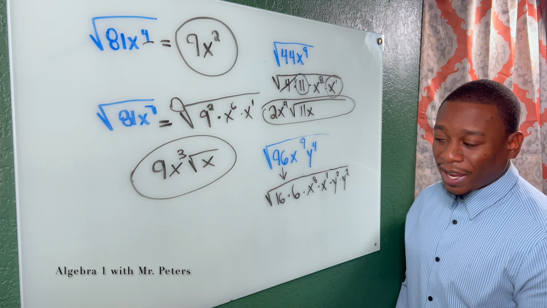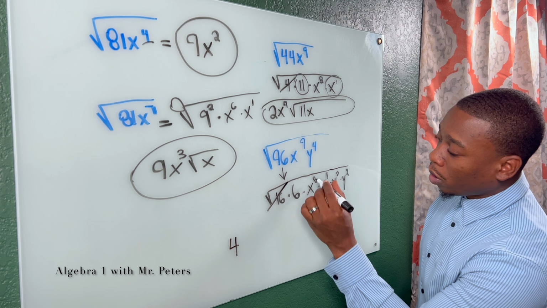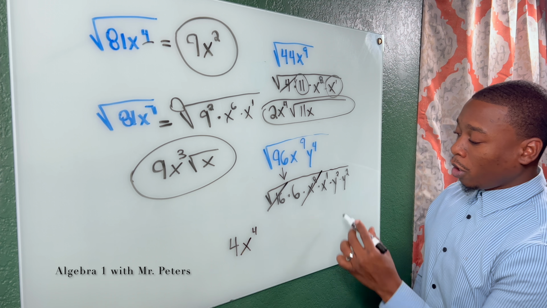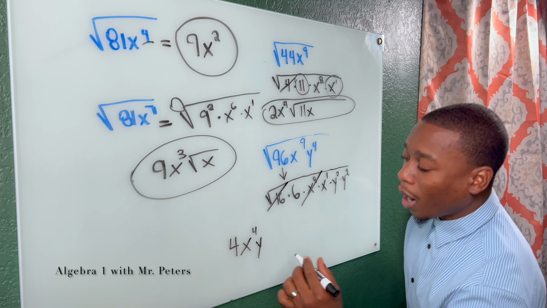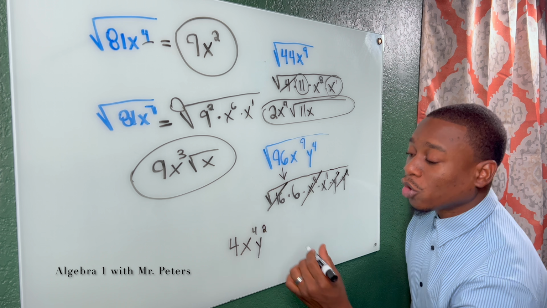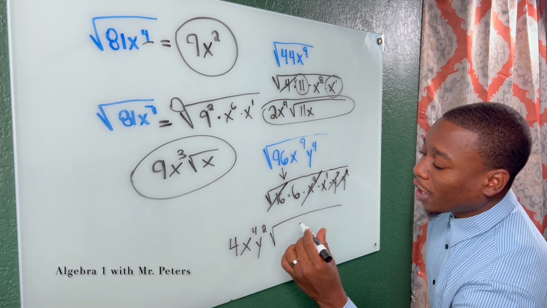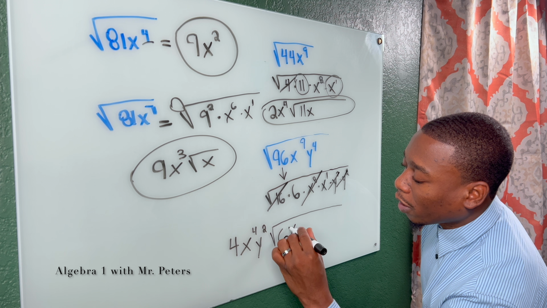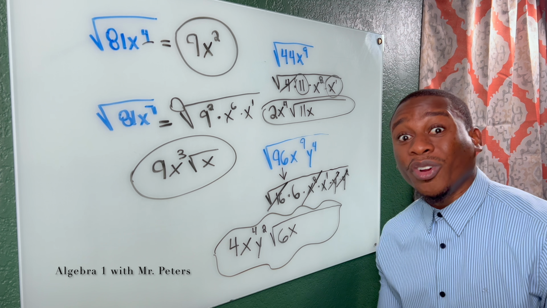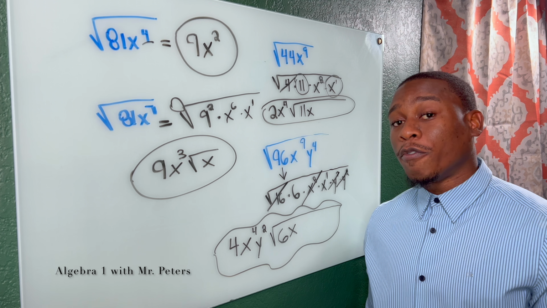So now we go back, the perfect square turns into 4. The perfect square x to the eighth becomes x to the fourth power. The perfect square y to the fourth becomes y squared. Now what we have left over is 6x under the radical.